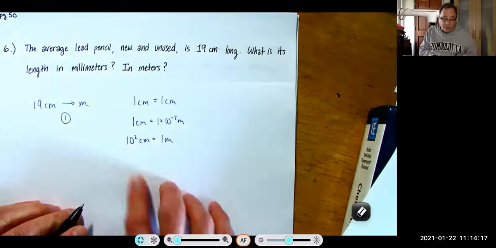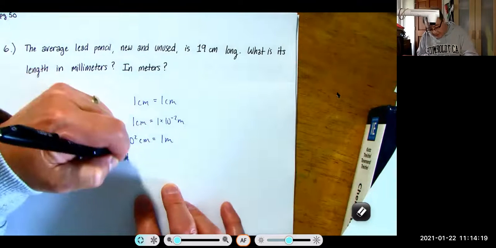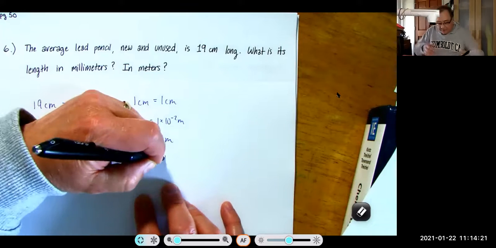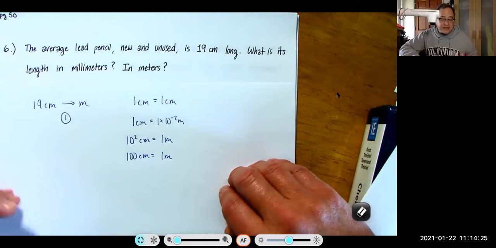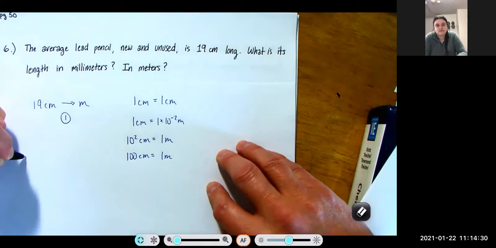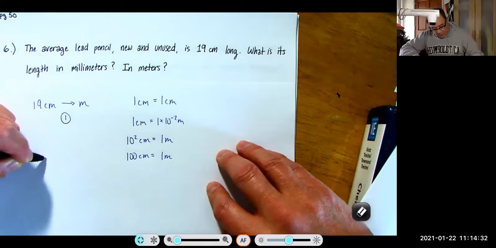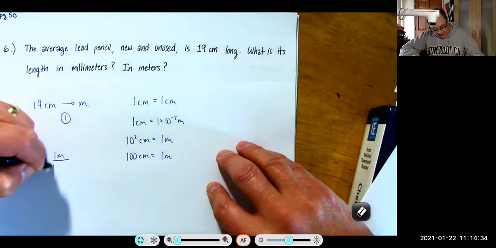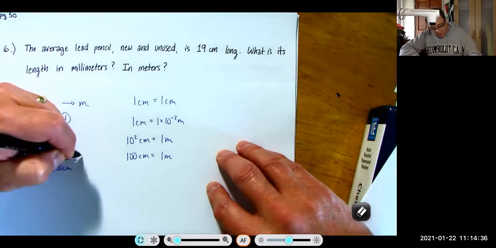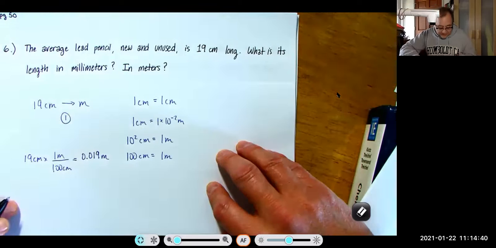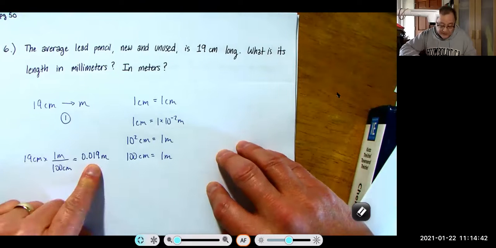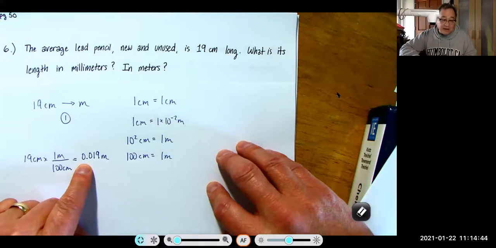And if I don't like the square, I can write 100 centimeters is 1 meter. After you do this a few times, it ends up taking you 15 seconds, which is 15 seconds well spent. So we write 19 centimeters times 1 meter over 100 centimeters, and we get 0.019 meters. This has 2 sig figs because leading zeros do not count.